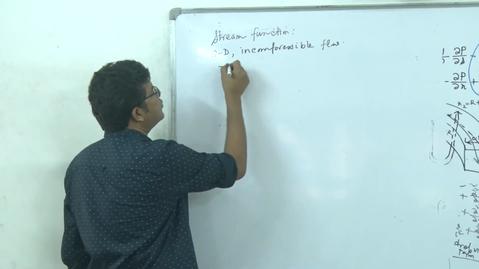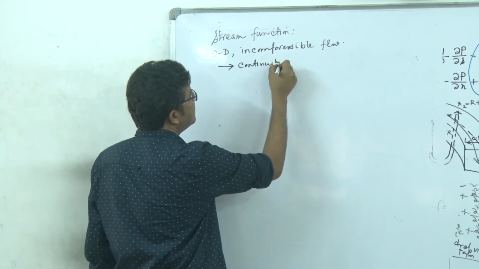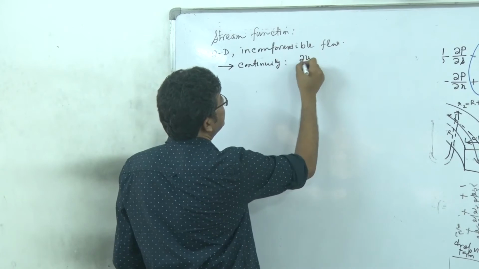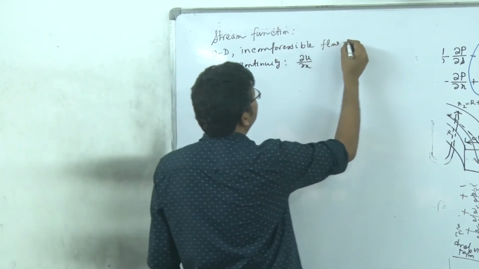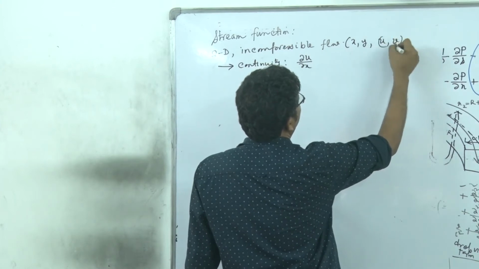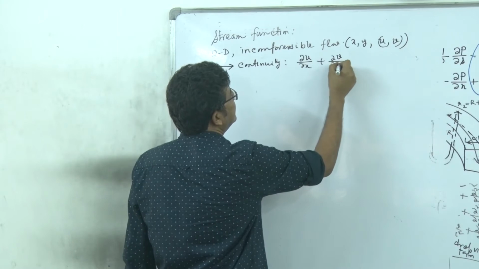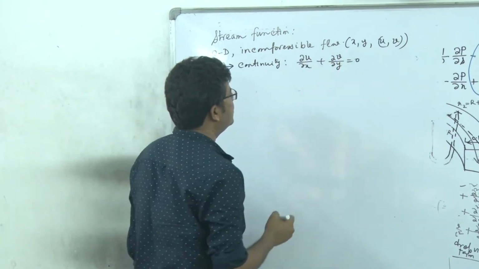So what do we have to solve? First, continuity. As you see here, two dimension means only x and y, and there are two velocity components u and v. So del u del x plus del v del y equal to 0.